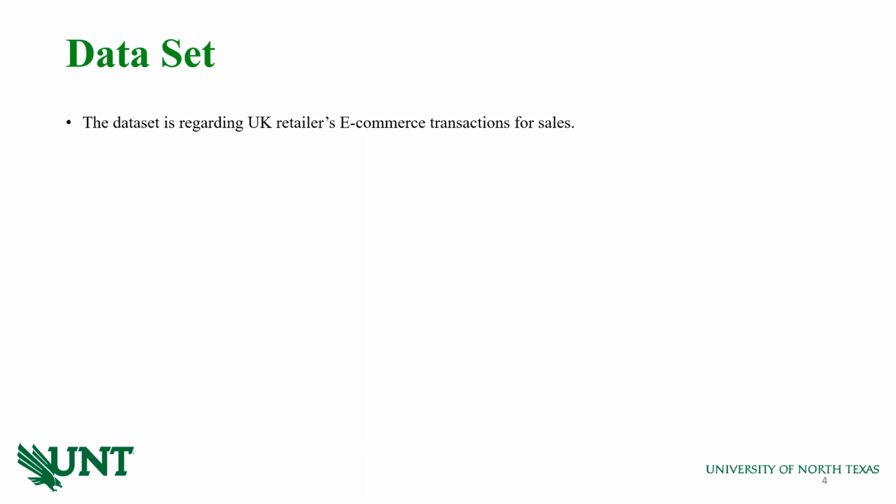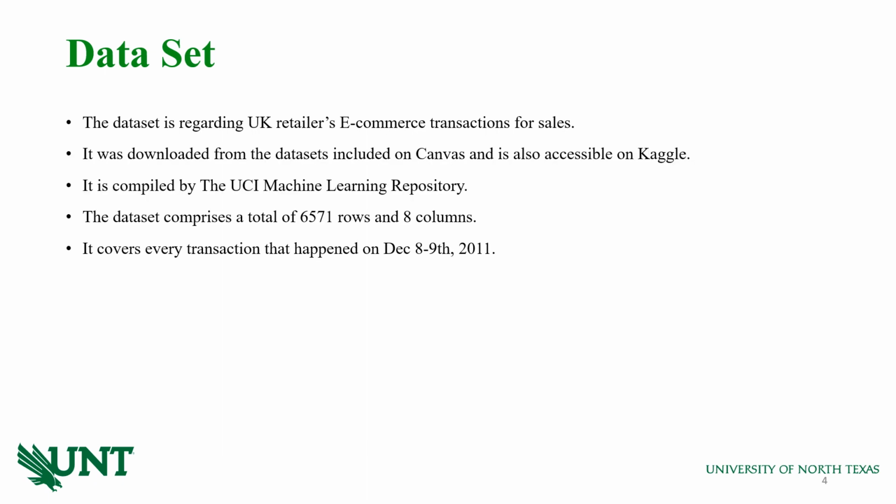The first point here is that the dataset is regarding UK retailers' e-commerce transactions for sales. It was downloaded from the dataset included on Canvas and is also accessible on Kaggle. It is compiled by the UCI machine learning repository.